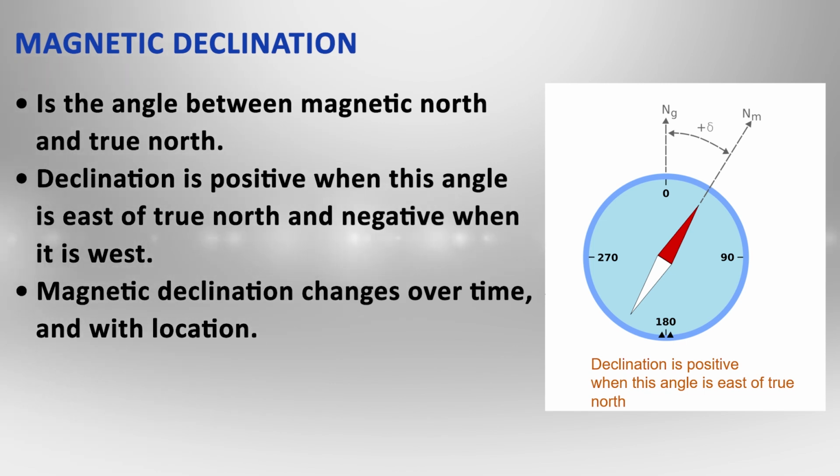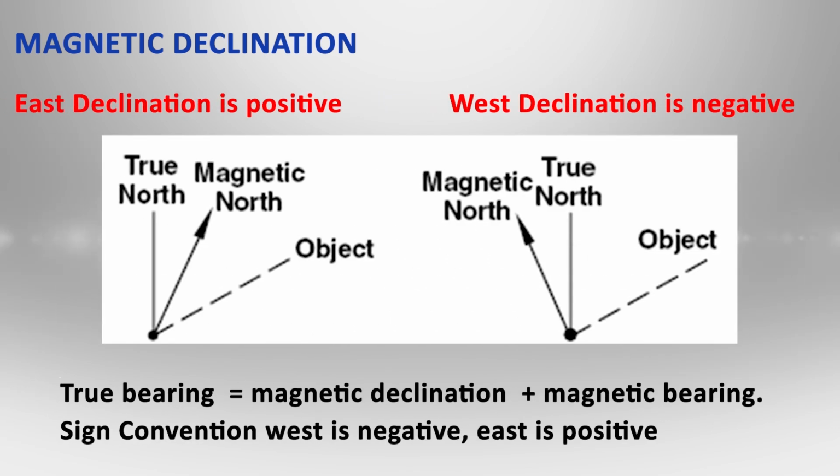Magnetic declination keeps on changing over time and location. You can compute the true bearing from a magnetic bearing by adding the magnetic declination to the magnetic bearing. This principle works well as long as we follow the convention that degrees west are negative.